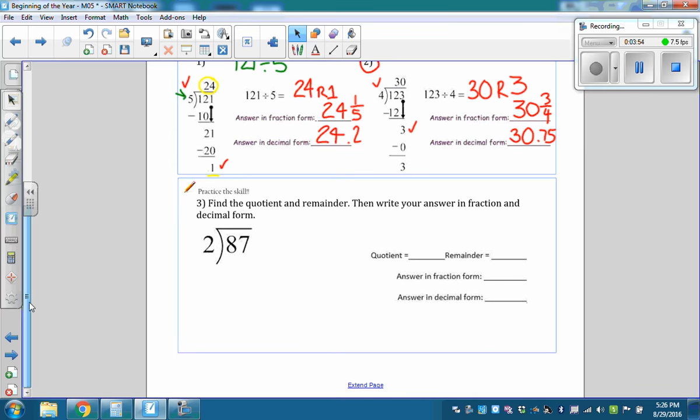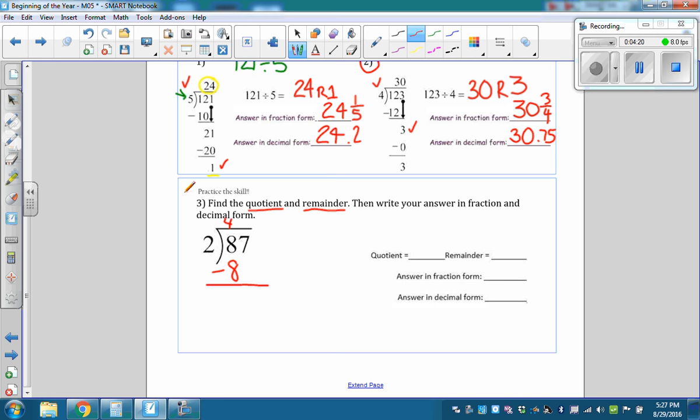Let's practice one that's not already finished. We're going to look at this problem, find the quotient and the remainder. Then write your answer in fraction and in decimal form. So I know that 2 goes into 8 4 times, and 2 times 4 is 8.